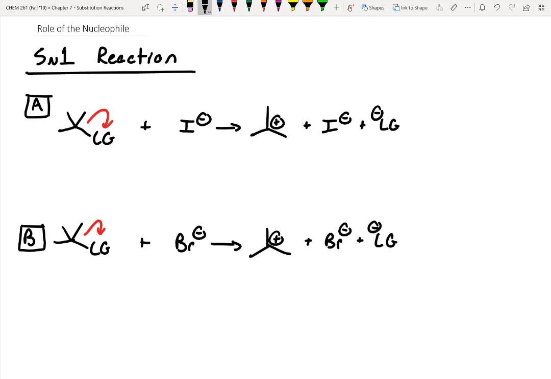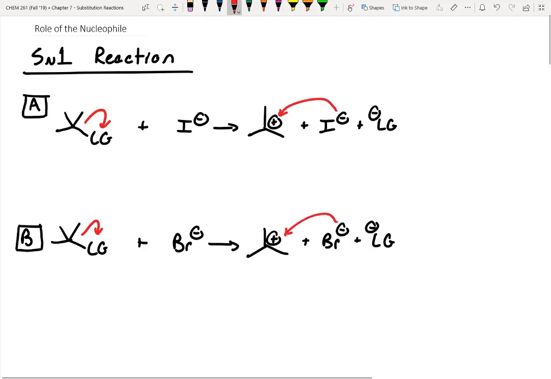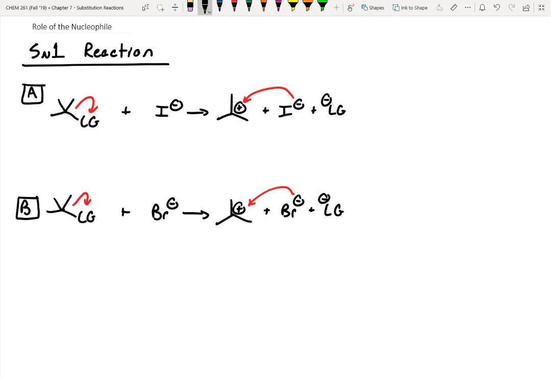All right, and then next step, what would occur for our next arrow pushing? Yeah, nucleophilic attack. So we could have iodide attack in or bromide attack in, depending on which reaction we're looking at.